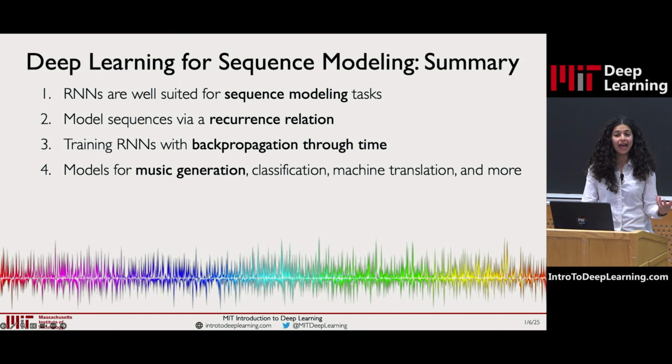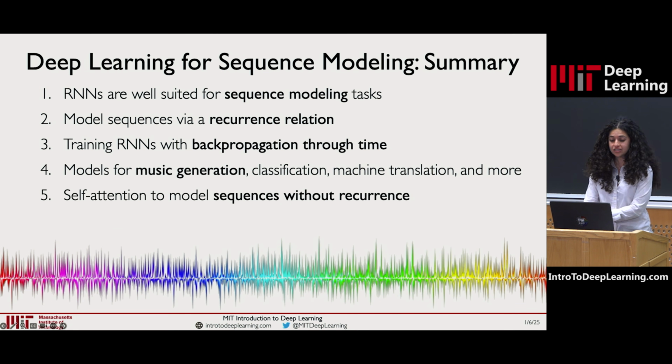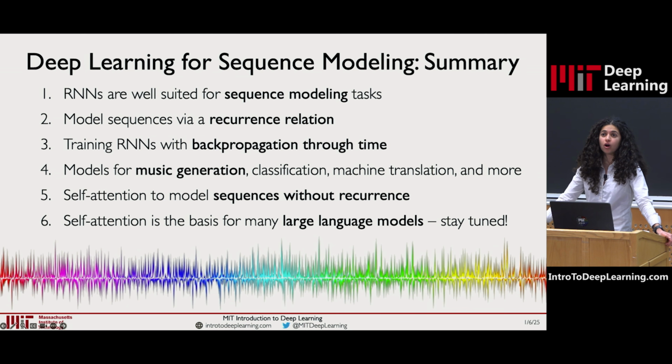You'll be able to get hands-on experience building RNNs for music generation. And finally, we closed with talking about self-attention and transformers as a way to model sequences without needing to handle time steps individually and recurrently. And stay tuned for more on LLMs, both hands-on and in more lectures.